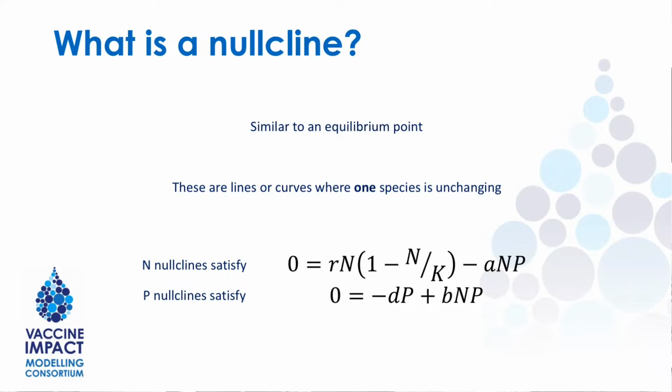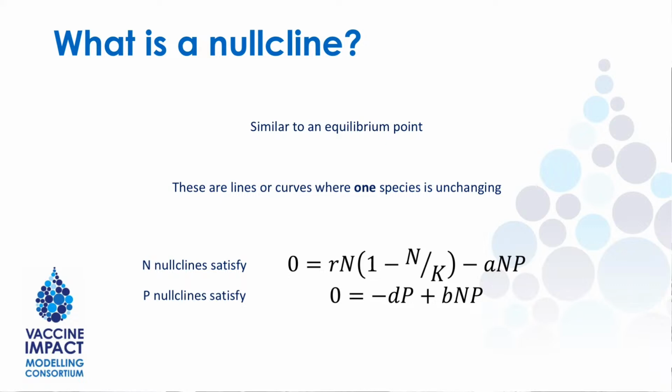So it's similar to an equilibrium point, but we're treating one population at a time. So we're essentially saying, where is the rate of our prey population, where does our derivative equal 0? And then the same for the predator, where is our derivative for p with respect to time equal to 0?